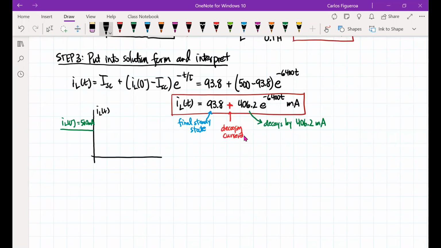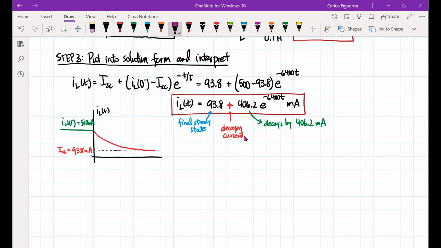And then it's going to drop by 406.2 milliamps all the way down to 93.8. So what you're seeing here is my final steady state, I short circuit, that's 93.8 milliamps. And as it drops, it's going to go something like this.